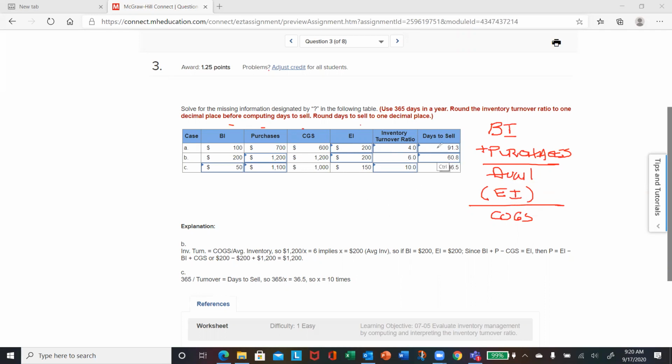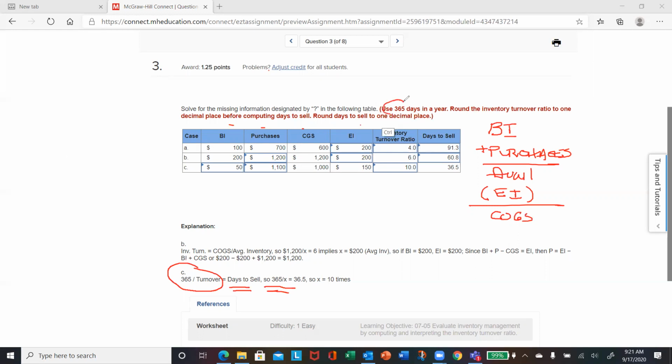Now, for the inventory turnover, remember, you just have to plug it into the formula. Down here, 365 divided by the turnover gives you the days to sell. They're telling you if you have to solve that one backwards. Remember, it's your cost of goods sold divided by your inventory that gives you your inventory turnover, and days to sell uses 365.